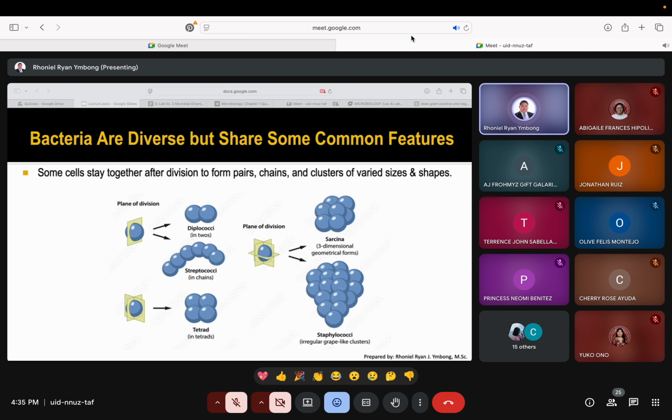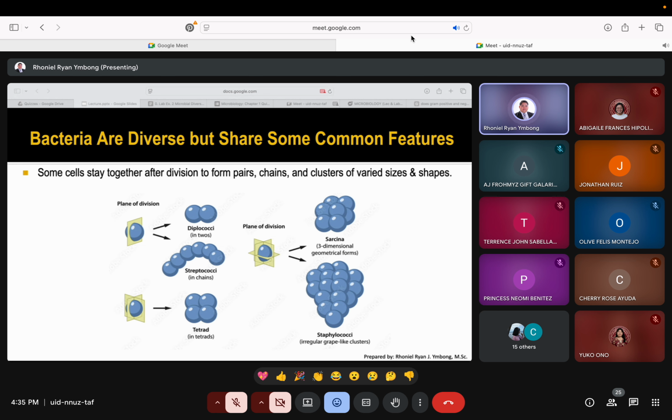If you have two different planes of division, then that means there are actually four particular cells that can be attached to one another. So basically, after binary fission, the independent daughter cells do not detach from one another. So if they do not separate, then there is now the possibility of having these different types of bacterial cell arrangement.